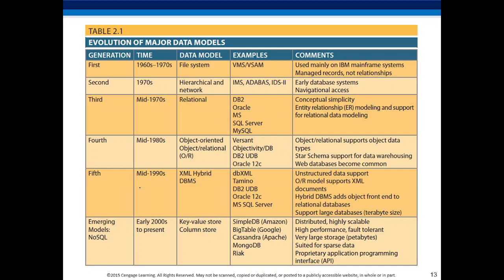But for hybrid, nag-start na siya nga unstructured data support. Then, support na siya sa XML. Then last is we have the key value store. So, highly scalable na siya, distributed, high performance, fault tolerance. So, very preferred na siya over large amounts of data.